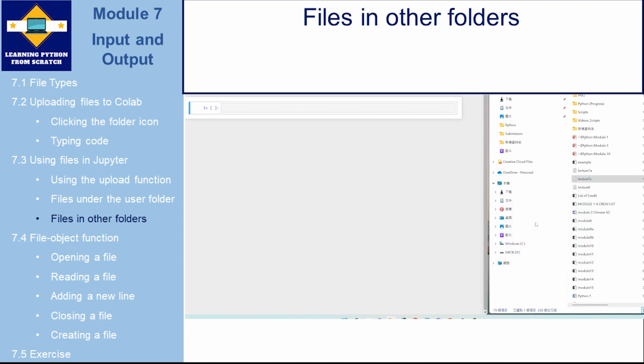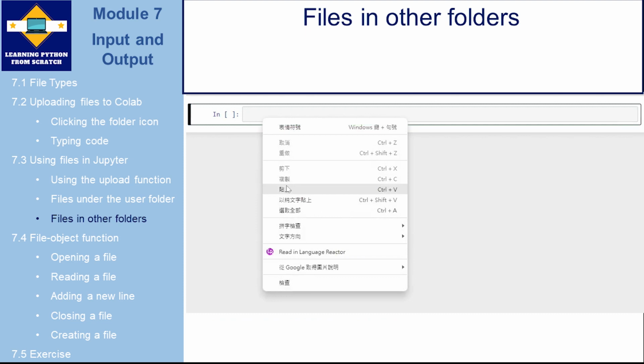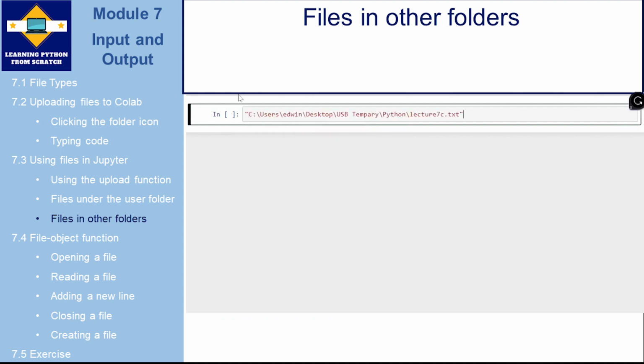Another way to use a file is to get the path of this file. It can be done by right-clicking the file and choosing Copy as Path. Then, paste the path with the file name directly into the program. To convert a normal string of your file path to a raw string, you can use the following three ways. First, you add an r in front of the path.